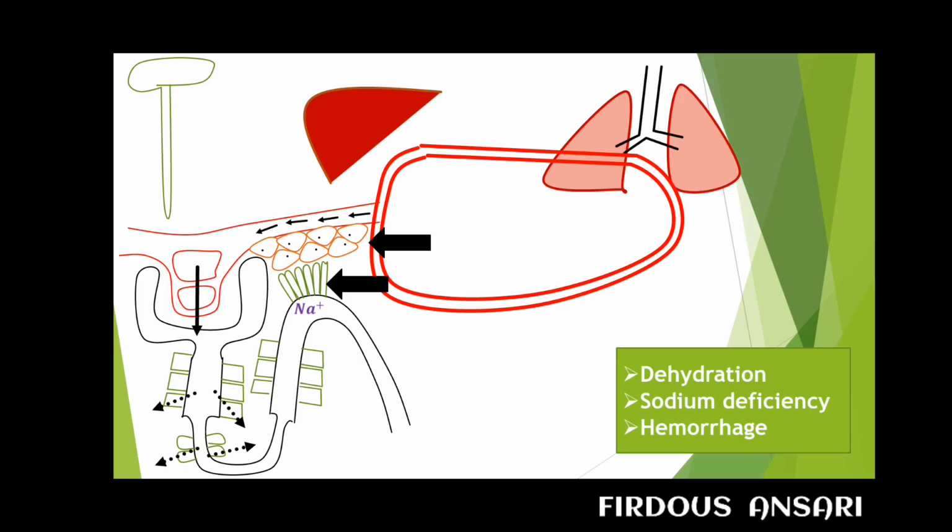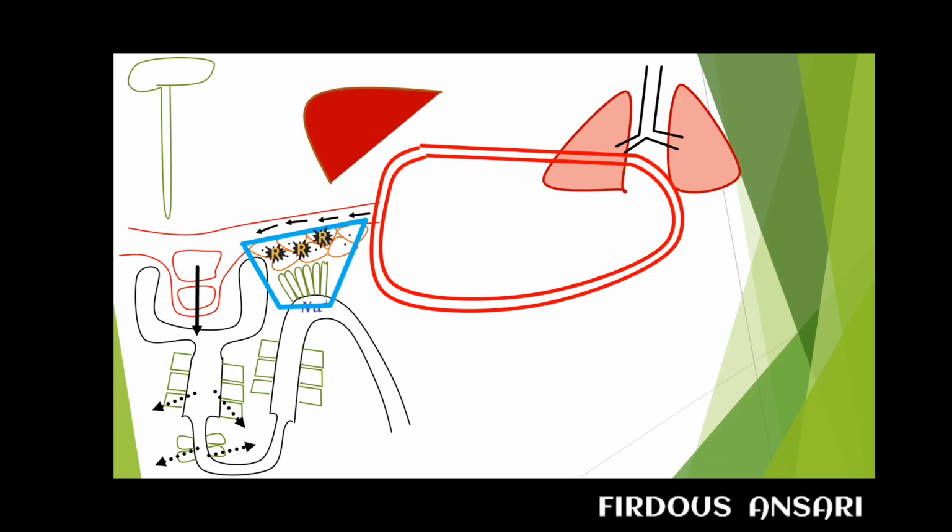Both these baroreceptors and chemoreceptors, or you can say the afferent arteriole and the macula densa, together form the juxtaglomerular apparatus, upon activation of which an enzyme, renin, is released into the blood circulation.